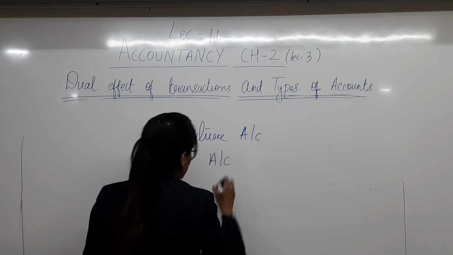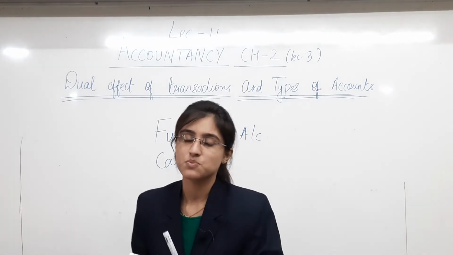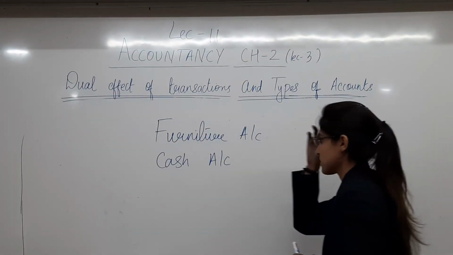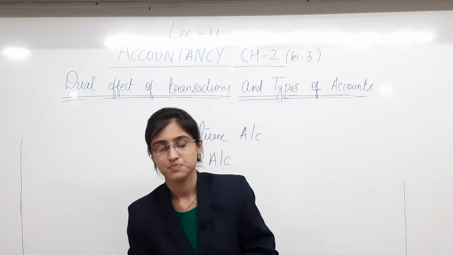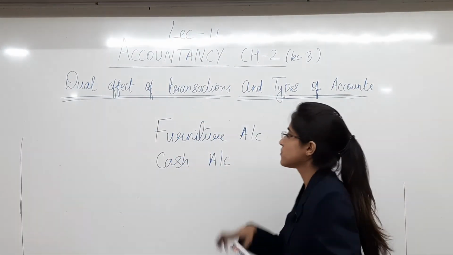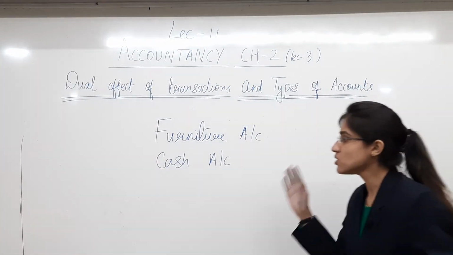Now you might be thinking that, ma'am, whenever we purchase, we are writing purchase account. But here you have written furniture account. Why this change? Let me explain. Furniture is an asset. It's not goods.